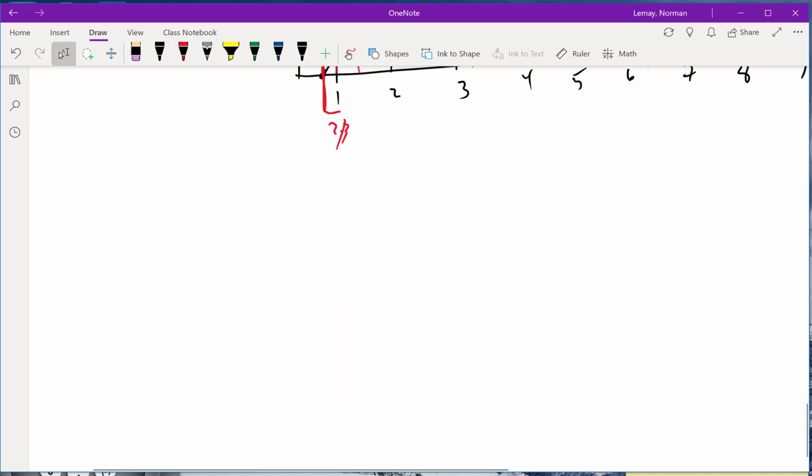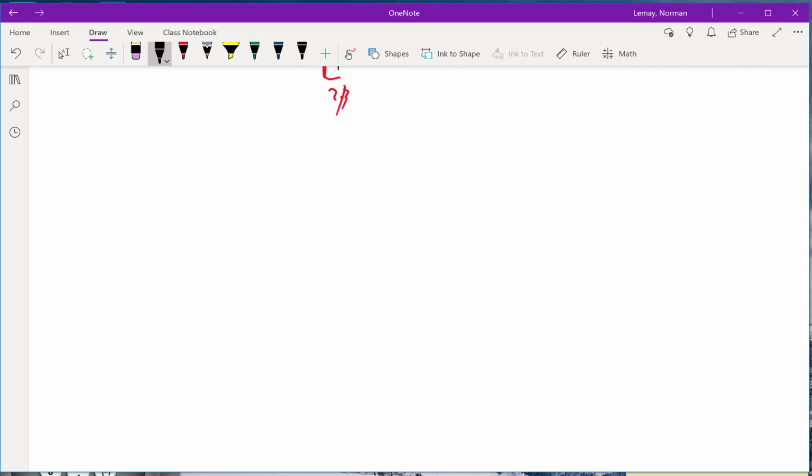Now, since we can take odd roots of negative numbers, then according to our reading, we end up with all the real numbers for the domain.